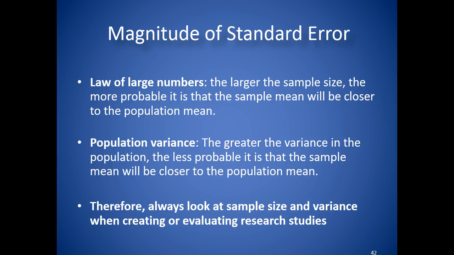This is a law that states the larger the sample size, the more probable it is that the sample mean will be closer to the population mean.